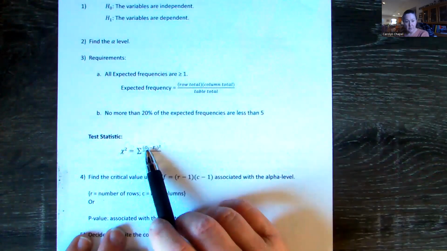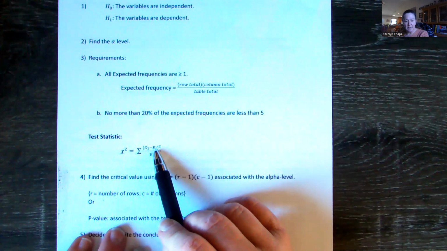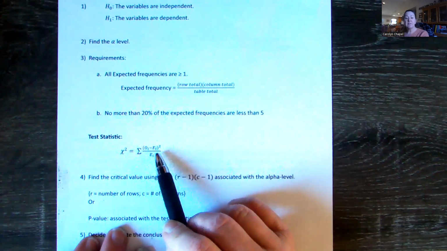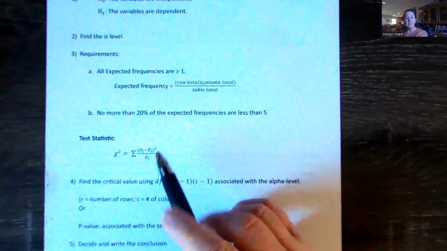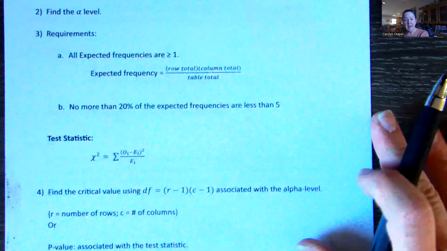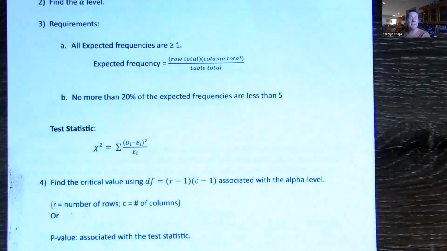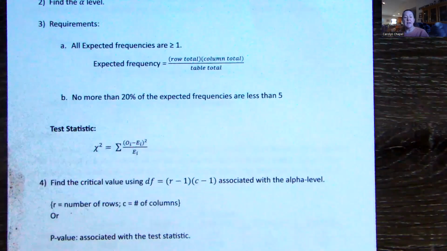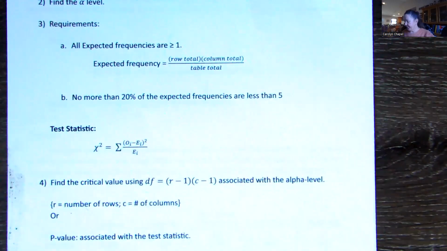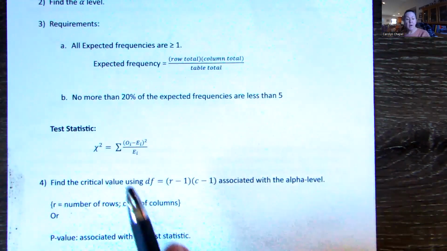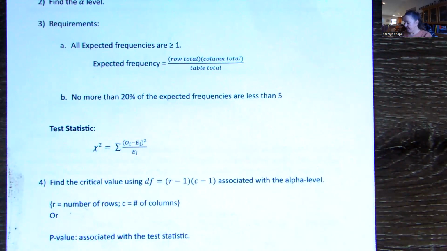We take those observed values minus those expected values, square them, divide by the expected, and then add all those pieces up. Since we could have lots and lots of pieces in our table, we may have quite a few that we need to add up.